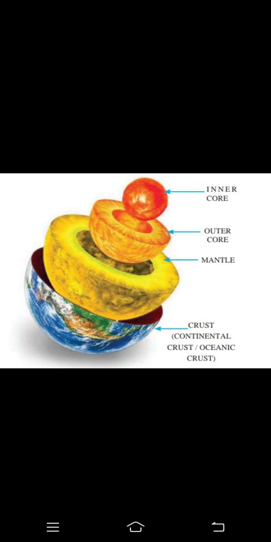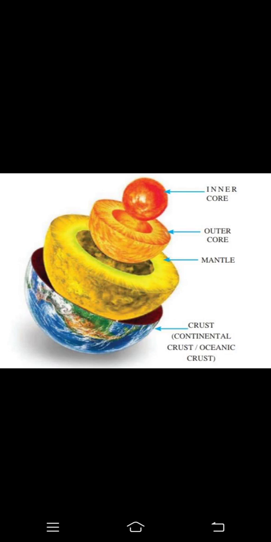Now let me explain the continental crust and oceanic crust. Oceanic crust has silica and also magnesium, so it is also called SiMa: Si for silica and Ma for magnesium. And continental crust has silica again and aluminium, so it is called Sial.